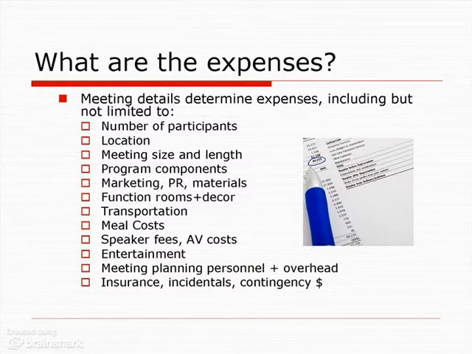Meeting details determine the expenses, and they include these items but are not limited to these items. Number of participants, the location, the meeting size and the length, the program components, your marketing and PR programs, materials, the function room costs, decorations, the costs associated with transportation and meals, speaker fees, audiovisual costs, entertainment, meeting planning personnel plus their overhead, insurance, incidentals, contingencies.